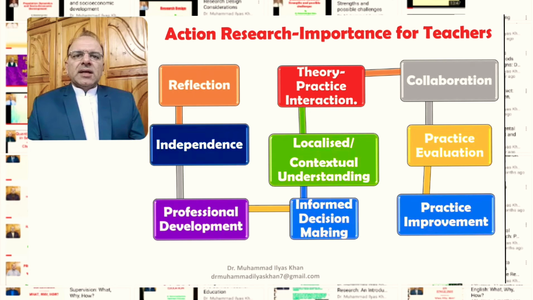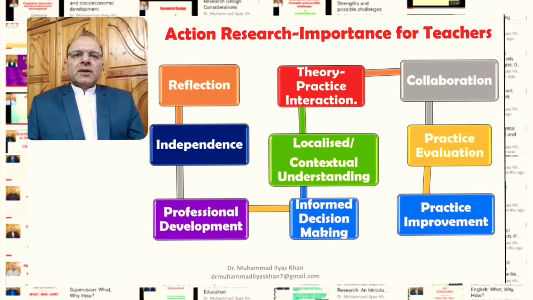But in the case of action research, when they do smaller action research studies in order to make decisions, their decisions as classroom teachers, as educational leaders, as supervisors of the students, which are based on action research, are more informed, because they have done that research at the local smaller level, at the classroom or school level. And so informed decision making is one of the outcomes of action research for teachers.